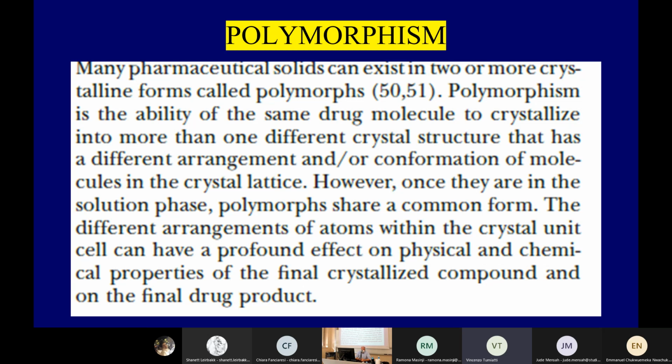If you order, for example, an antibiotic from an Indian company because you want to prepare a specific tablet of an antibiotic, it is necessary to check very carefully the crystal form, because sometimes the crystals are not the same, and so you have a problem with the solubilization of this compound in the stomach, and you cannot have the final effect.